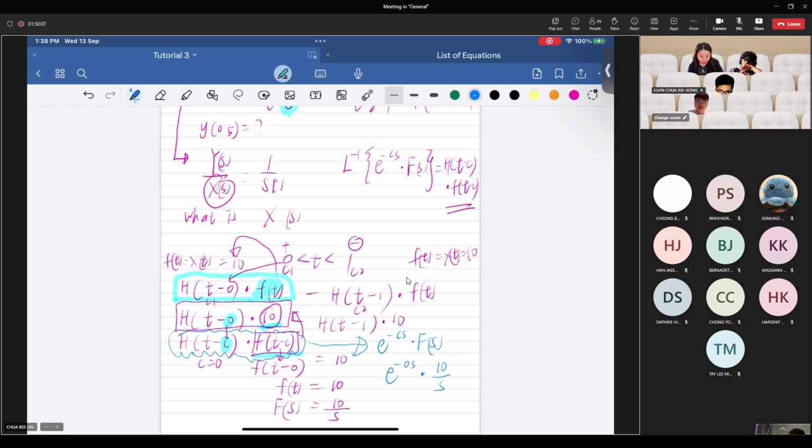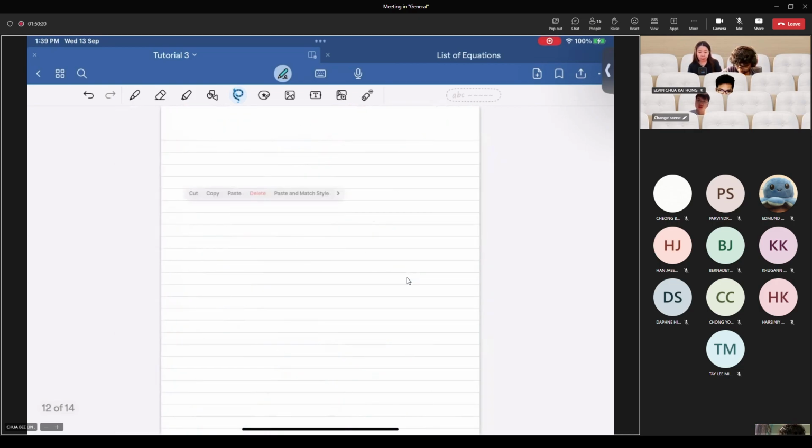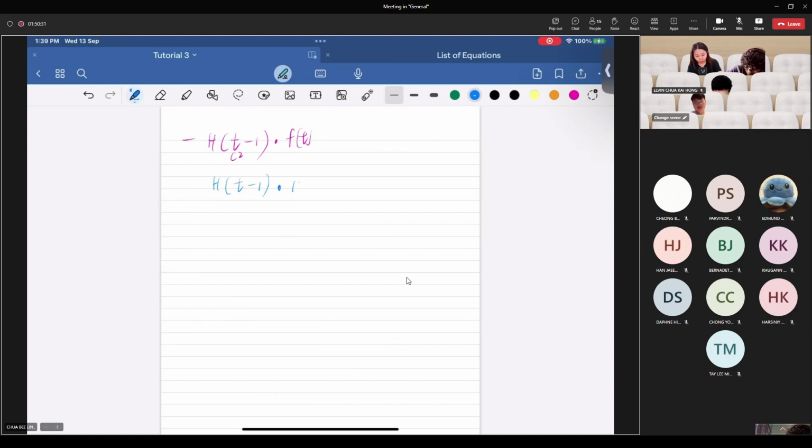So the second part is this one, negative. So I will solve this in the next page, repeating everything again. Okay, this one is compared with h(t minus 1) multiplied with 10, and the negative is here. So your c is 1.